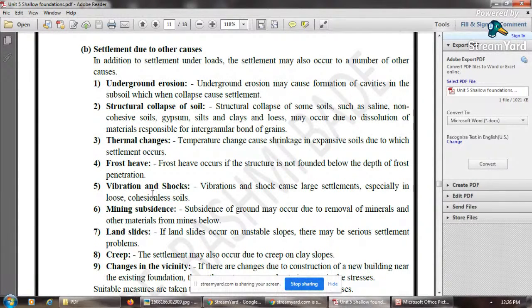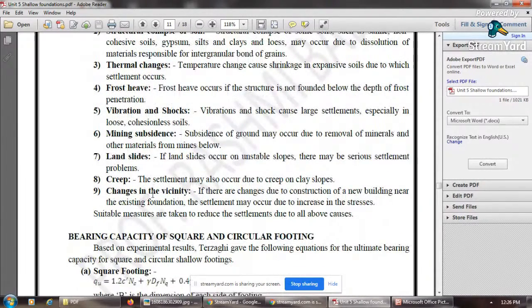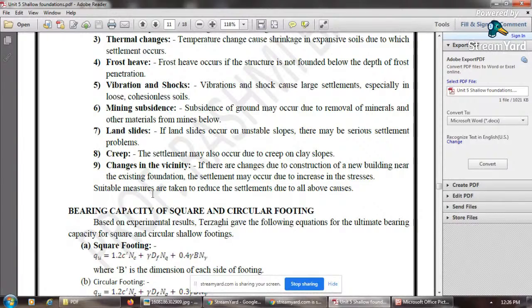That is known as structural collapse of the soil. Then thermal changes. The thermal changes cause shrinkage in expansive soils due to which settlement occurs. With temperature changes across seasons, whenever there are hot or dry weather cycles, there will be shrinkage in expansive soil, which creates settlement of the soil.